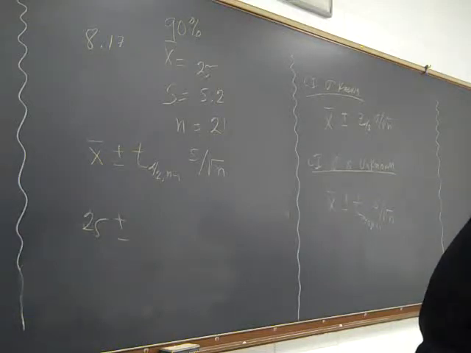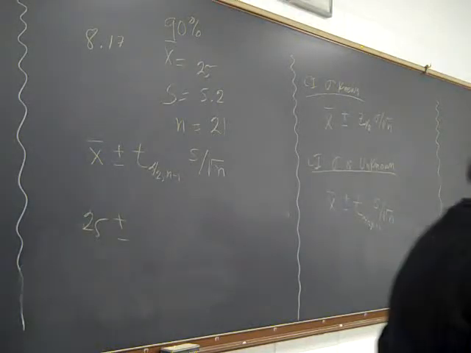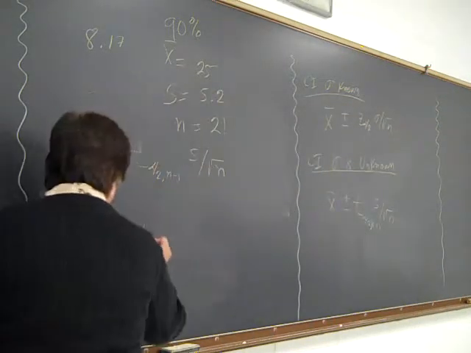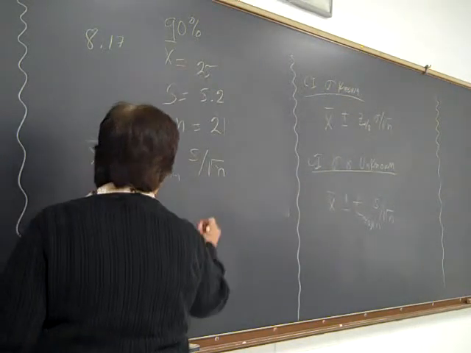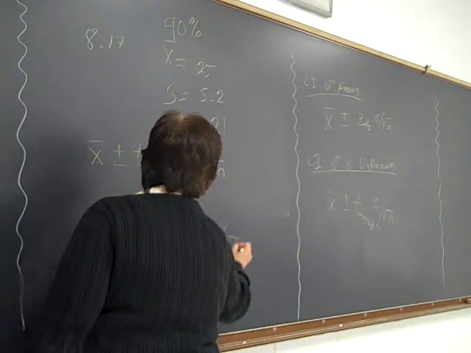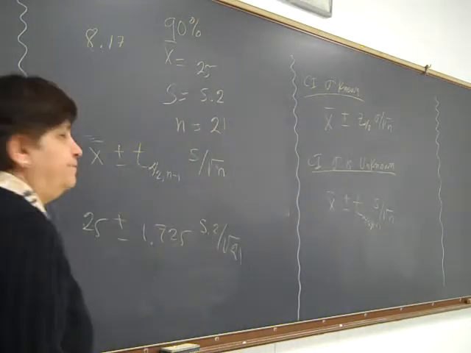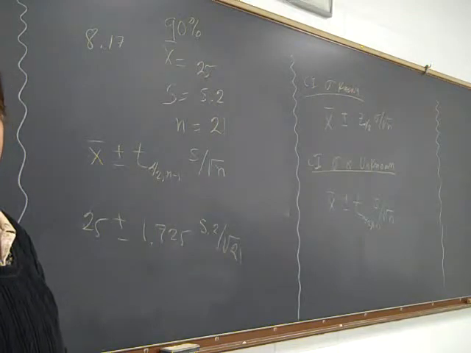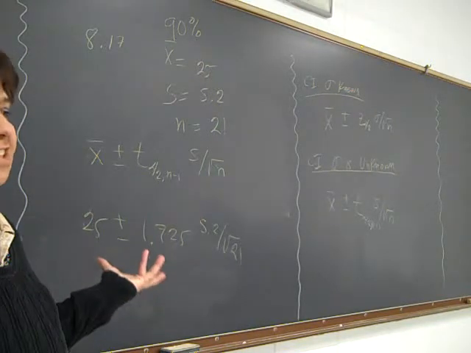So we go to the row where it says 20 and go to the confidence level 90 and you find 1.725. So it's 1.725 times 5.2 divided by the square root of 21. That's it.